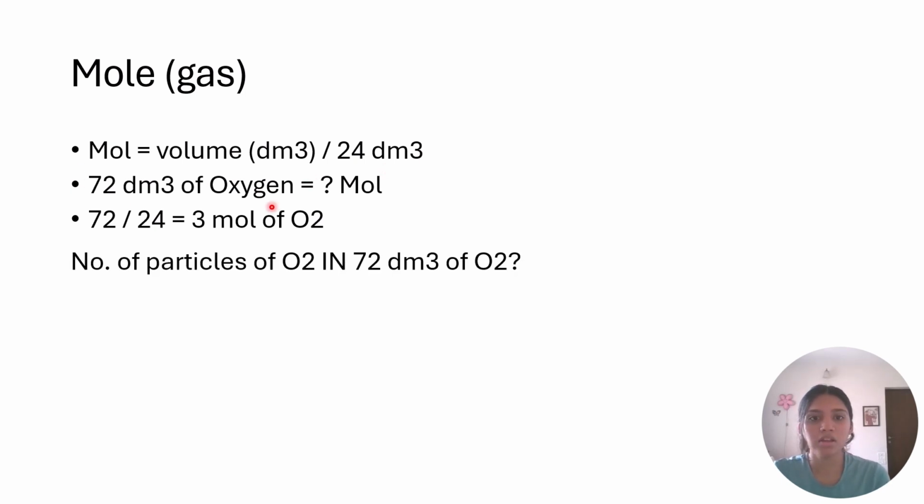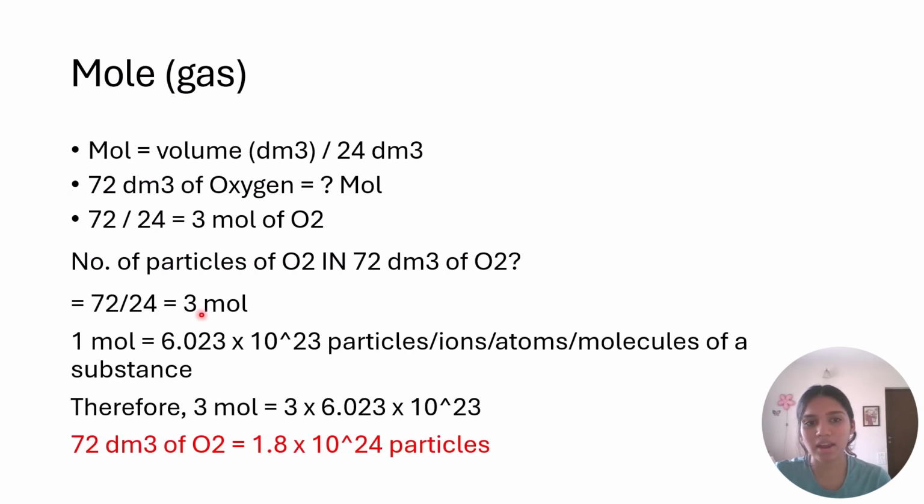Okay. Basically, so now if they ask you the number of particles of oxygen in 72 dm cube of oxygen, what you need to do is first find out how many moles there are of oxygen in 72 dm cube of oxygen. We have found out that there are 3 moles. Now we also know that 1 mole is 6.02 into 10 raised to 23 particles, ions, atoms, or molecules of a substance.